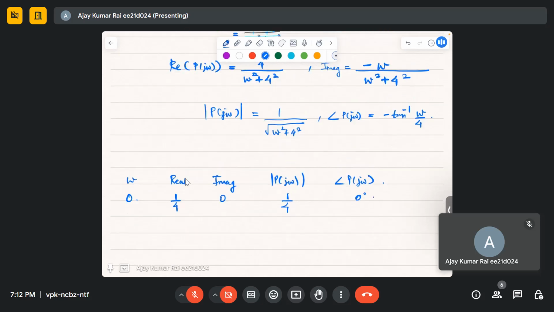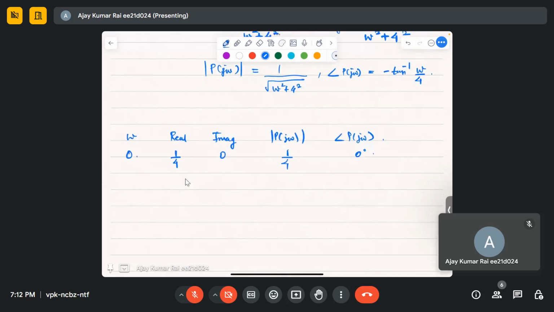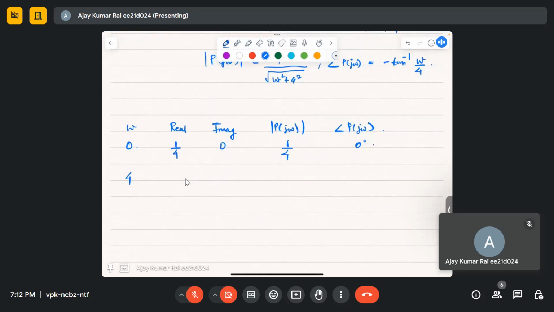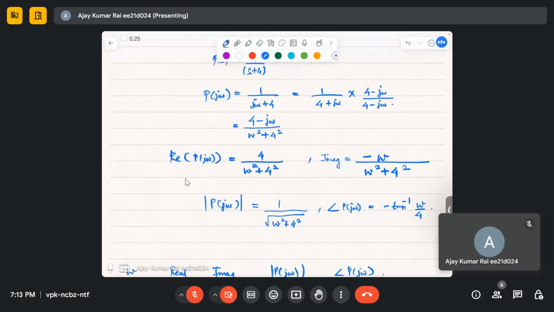Let's find it at omega equal to 4, because it's a semicircle, we already know. But first let's find it at infinity. What is the real part? The real part is 4 by infinity square plus 4 square, which will be equal to 0. Correct?